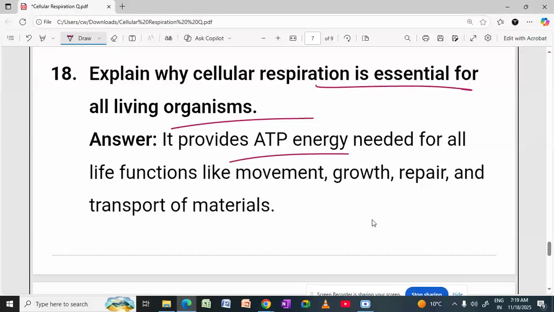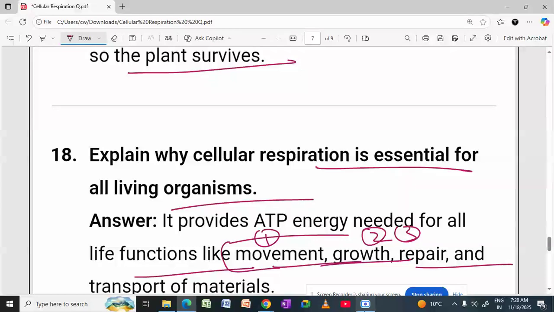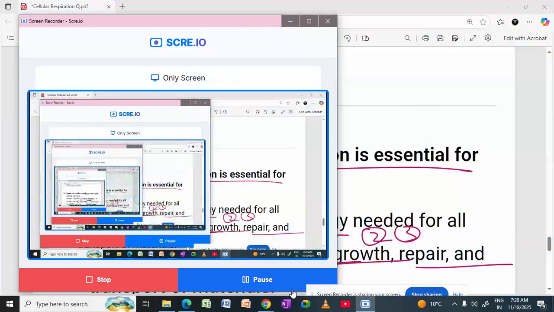Because it produces ATP energy needed for all life functions, whether it is movement, growth, repair, or transport of materials. So this is the reason behind this.